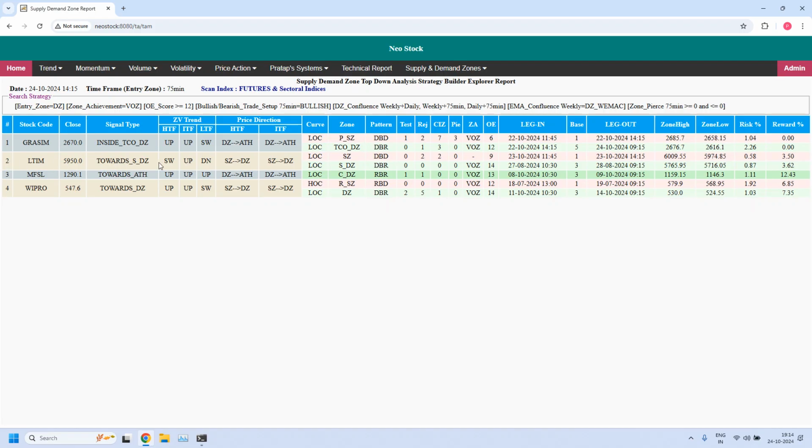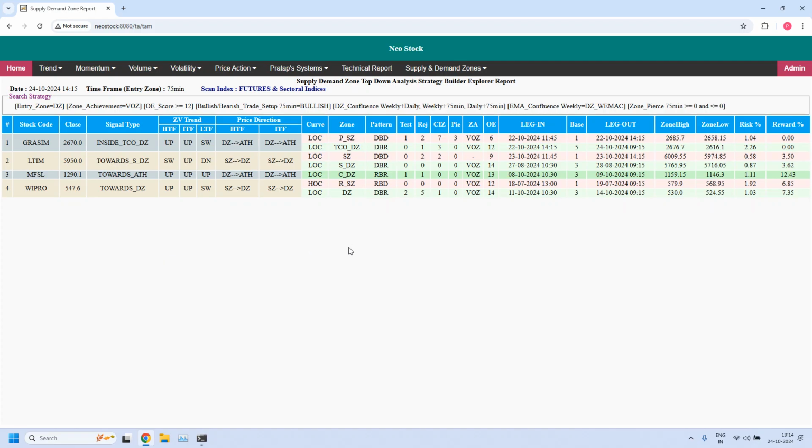Second one you can ignore because it is sideways. Sideways EMA confluence does not add any additional advantage. But uptrend EMA confluence is a high probability scenario. So the first, 3rd and 4th are high probability setup scenarios for LTF, ITF, HTF confluence, and also the weekly zone is having weekly EMA confluence.